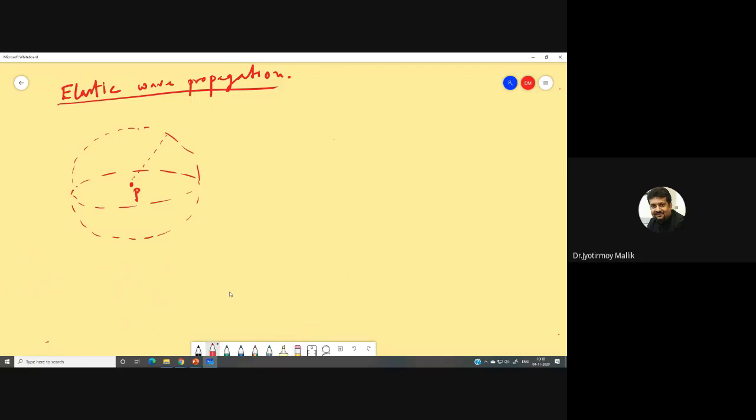So before we discuss ray path and wavefront, I need to know about one particular thing which we call phase, phase of a wave. What does phase of a wave physically mean?